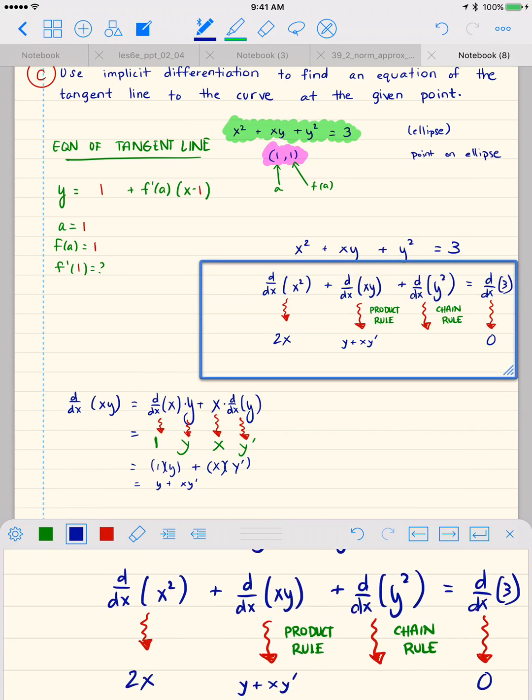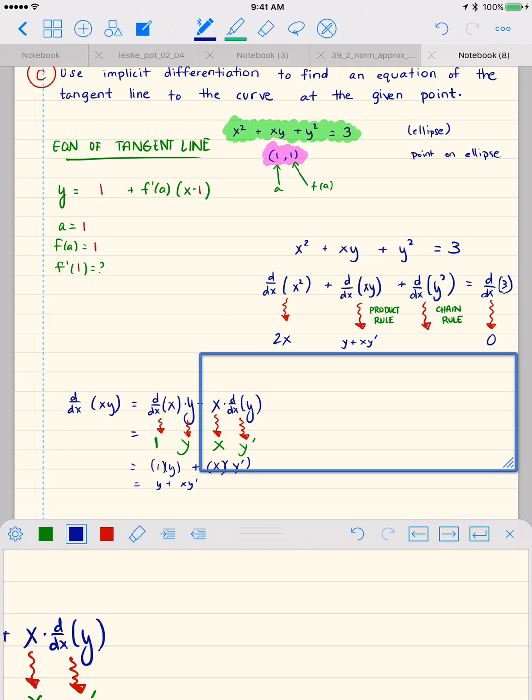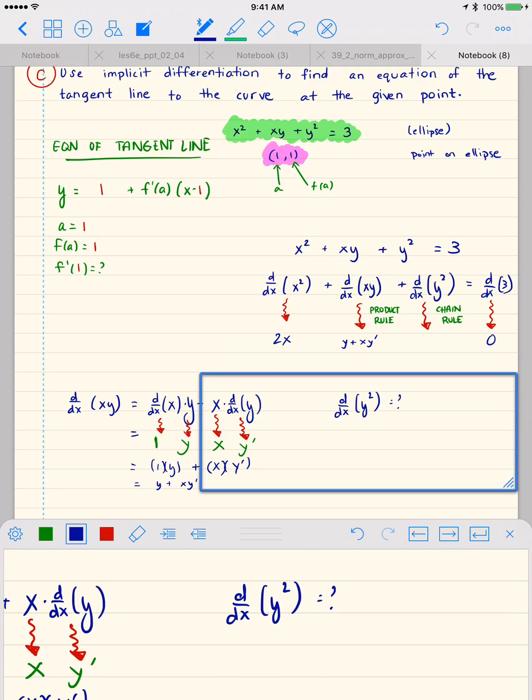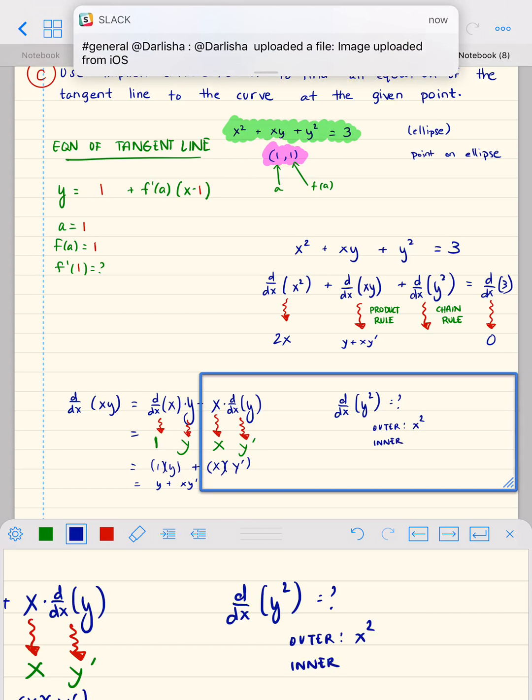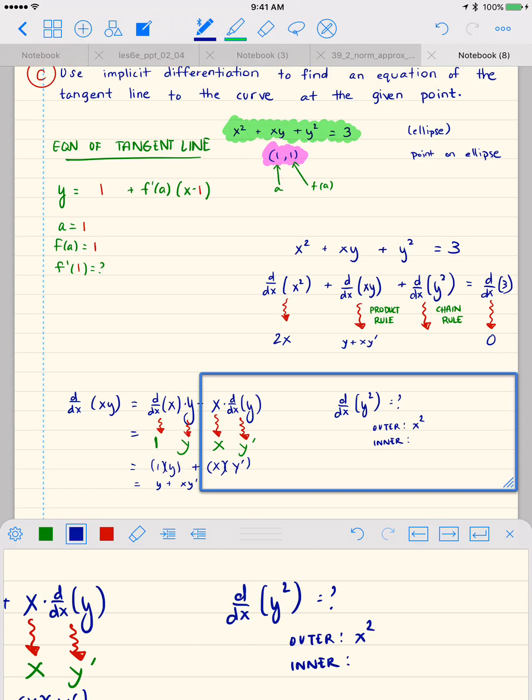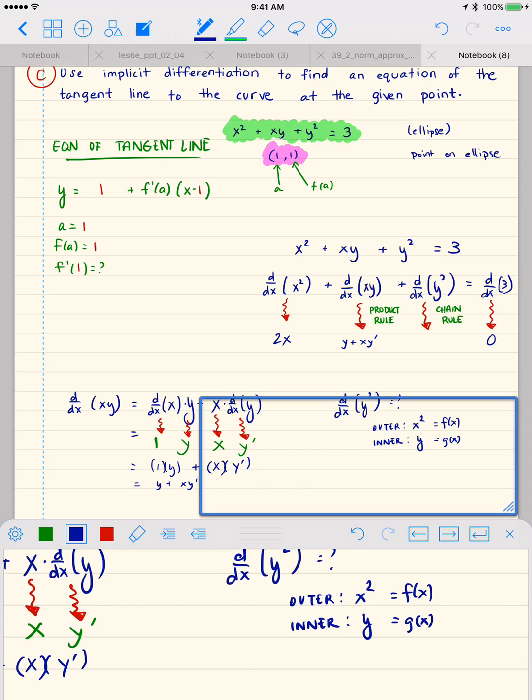And now, to figure out the derivative with respect to x of y squared, we say our outer function is going to be x squared. Our inner function is going to be y. We need the derivative of the outer function. That's going to be 2x. And the derivative of the inner function, that's going to be y prime.